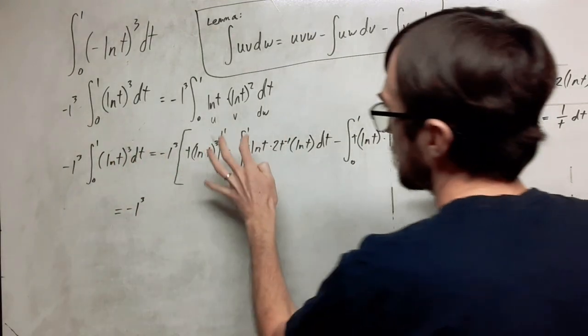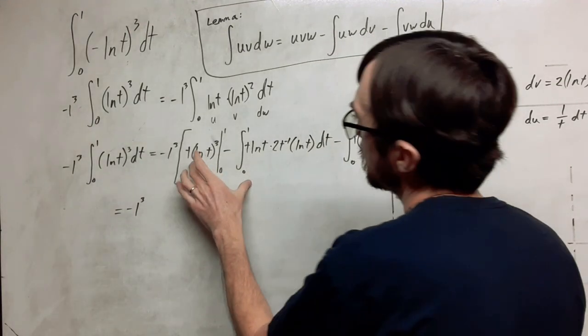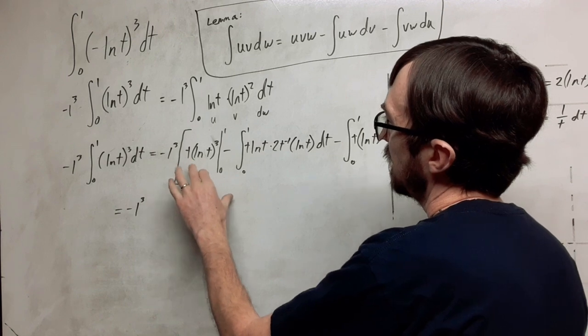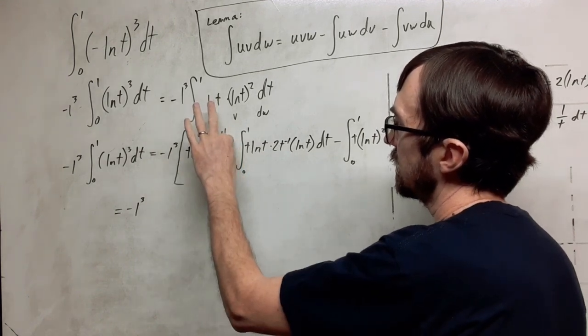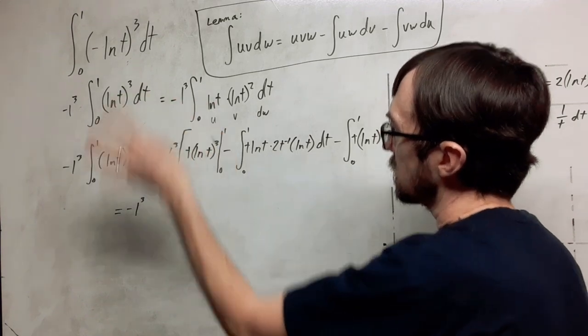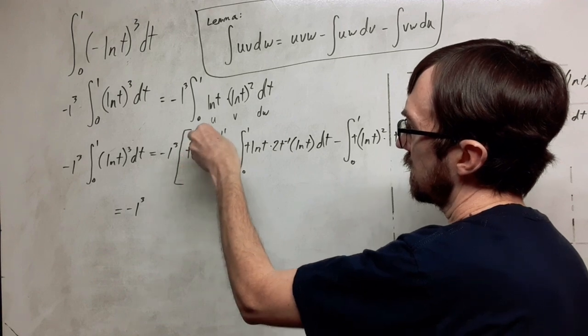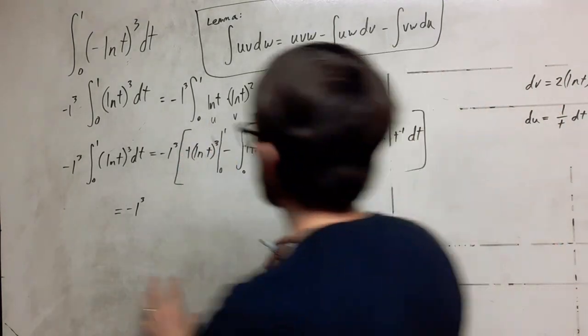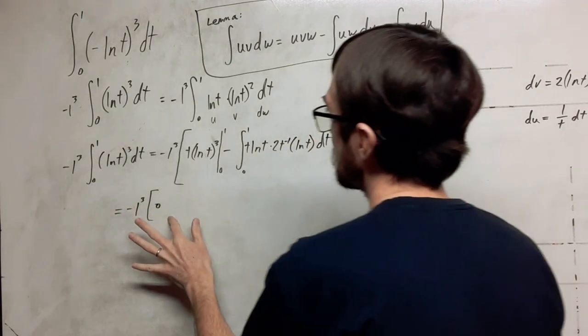So looking at just the right-hand side here, if I evaluate this at 0, this goes to 0. And if I evaluate it at 1, it also goes to 0. So this is not contributing anything in magnitude to this. For now, I'll go ahead and write a 0 in there.